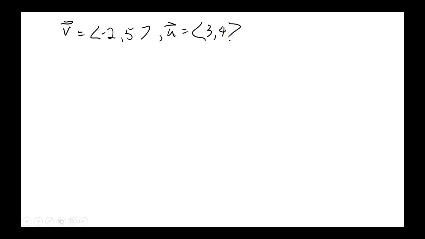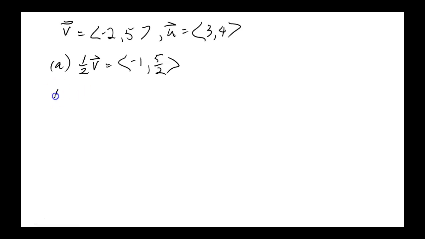Find each of the following vectors. A is looking for 1/2 V. And that would be what? -1, 5/2, or 2.5, wherever you want to stop.